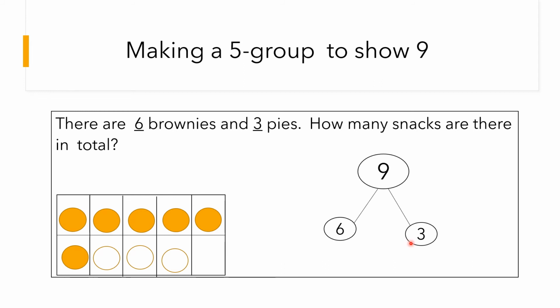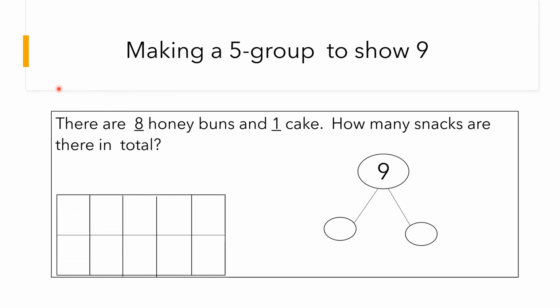Our other part is 3 because there were 3 pies. Kindergarten, did anybody tell you you are amazing at creating a 5 group of 9 and a number bond? Good work. Let's try one more.